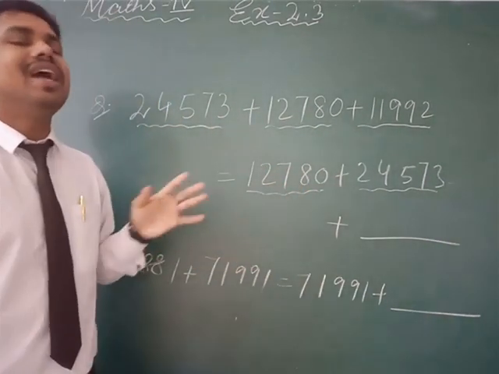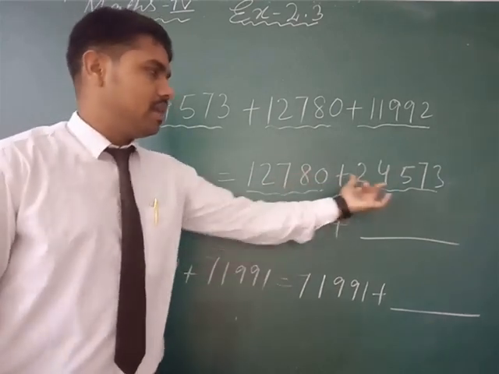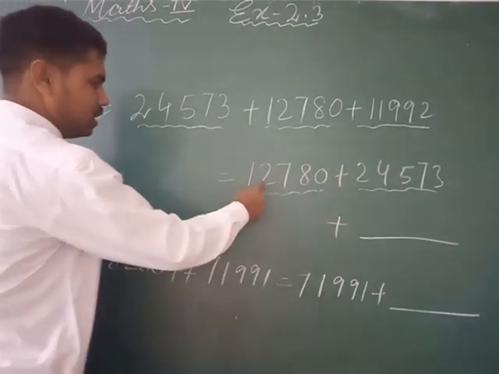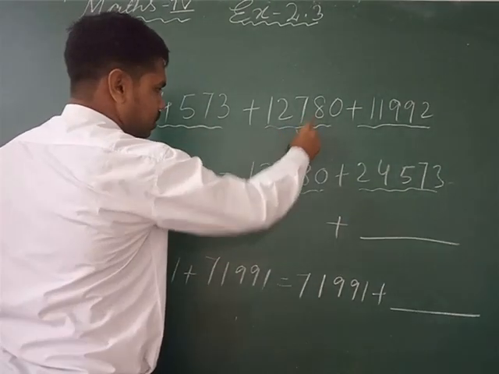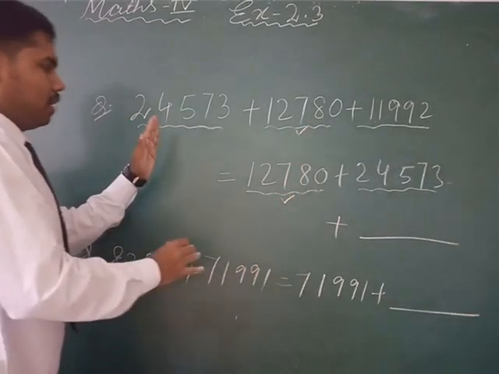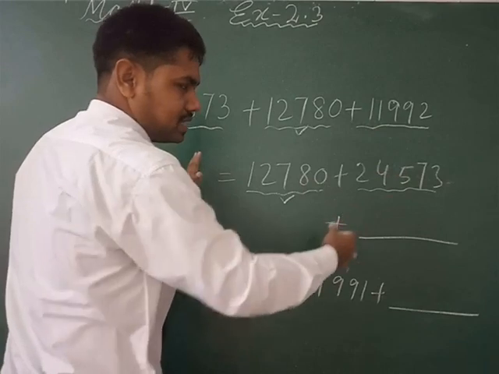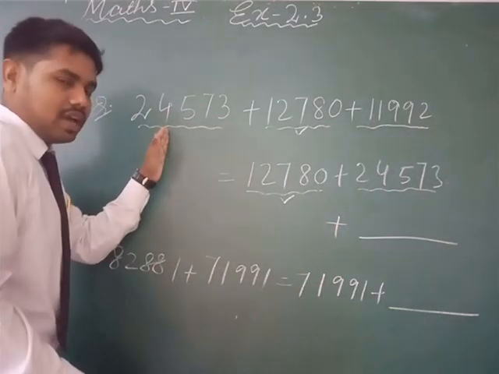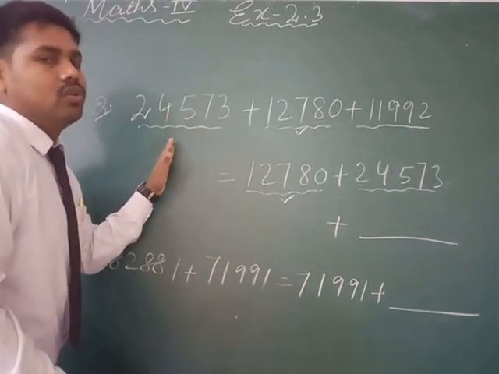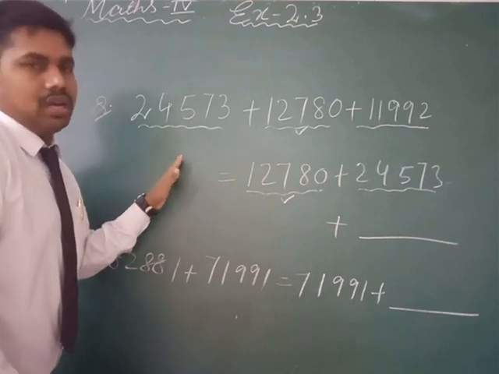But you need not do that because here the numbers are the same. So here you can see 12780, 12780. This number is here on this side also. One is on the left hand side, another on the right hand side. These are the numbers on the right hand side and these are the numbers on the left hand side. It is asking us to make all these statements true.